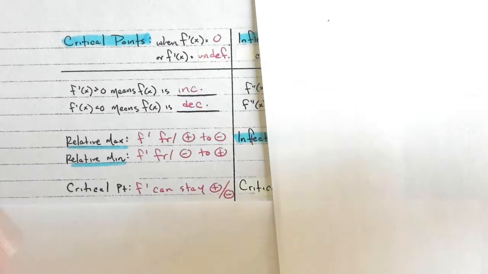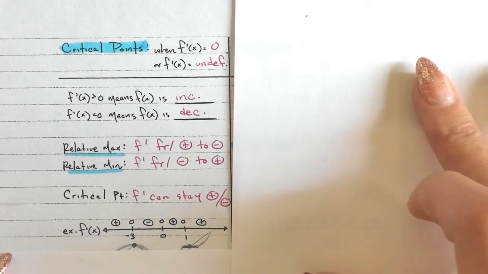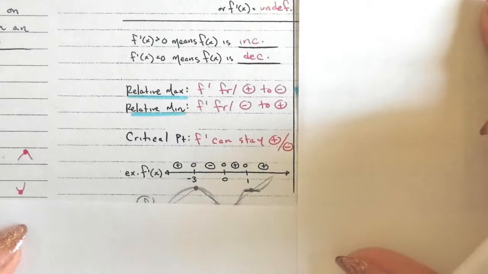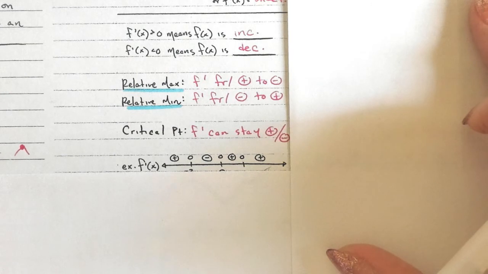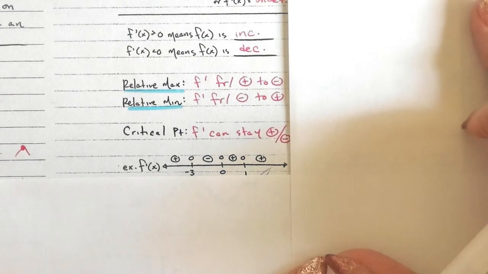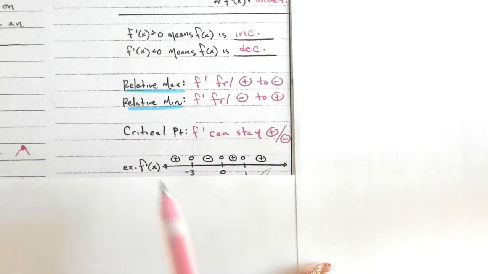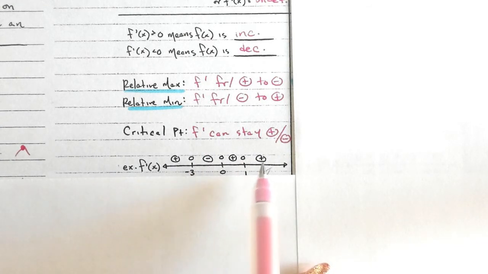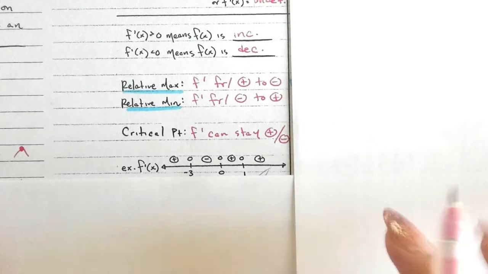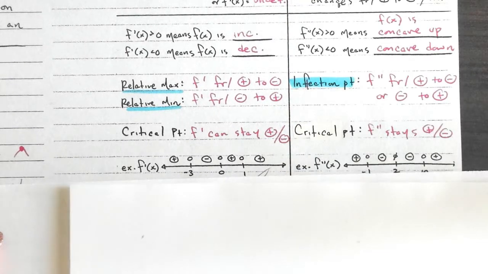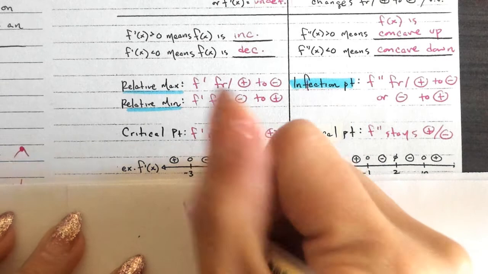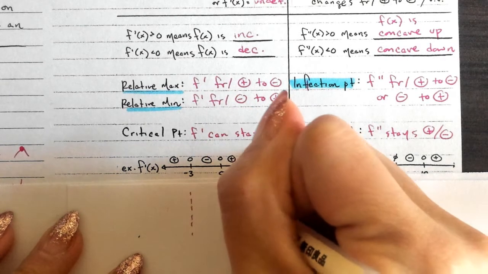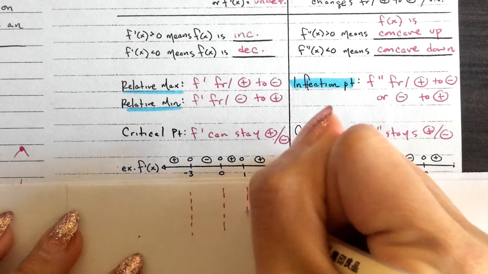Okay, and then is there anything else down here? Kind of. Okay, so that's kind of what I just did. So let's say you have an f prime little chart. You have a sign chart, right? So let's say you draw it and then you get a positive, a negative, a positive, and a positive. So right here I would have like kind of dotted, because that's where things change.